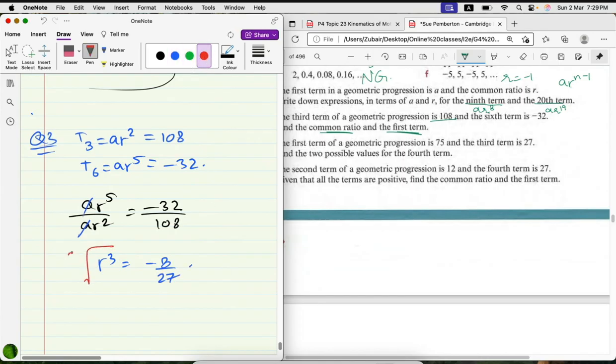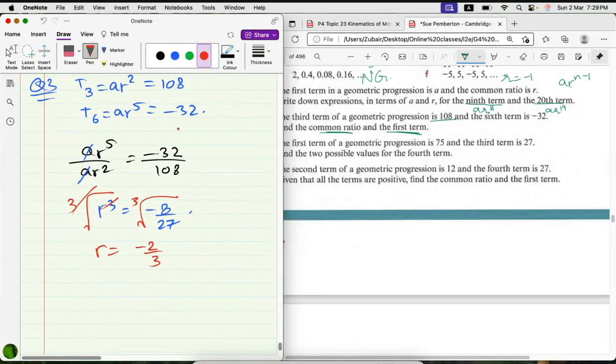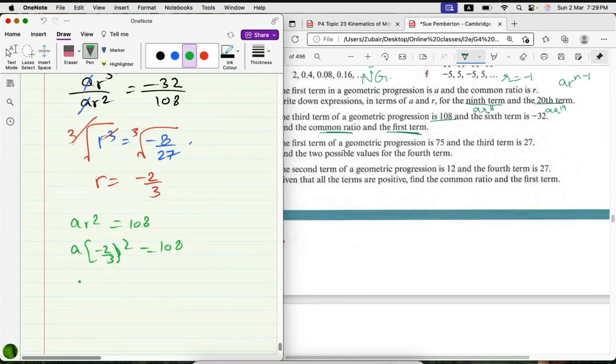Taking cube root on both sides, R is equal to minus 2 by 3. When R is done, we can use any of the equations. I'm using the first one. AR square is equal to 108. A into minus 2 by 3 squared equals 108. A times 4 by 9 is equal to 108.